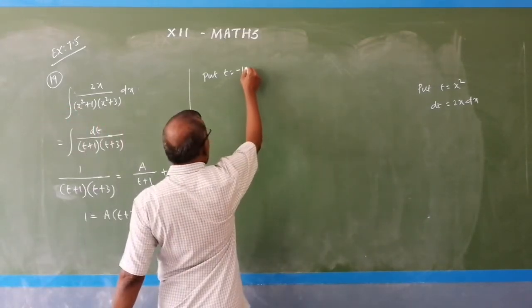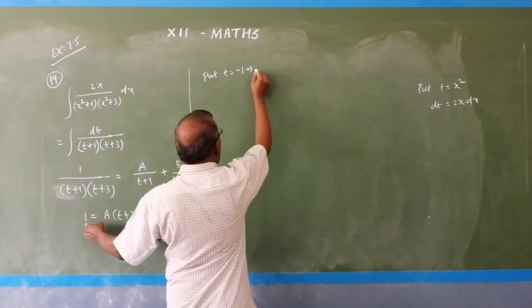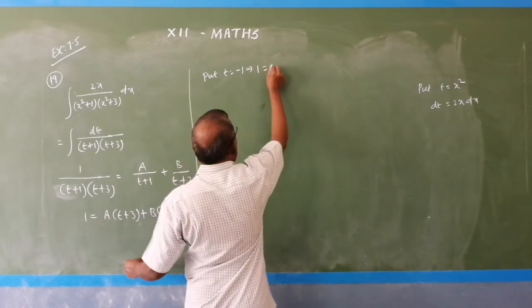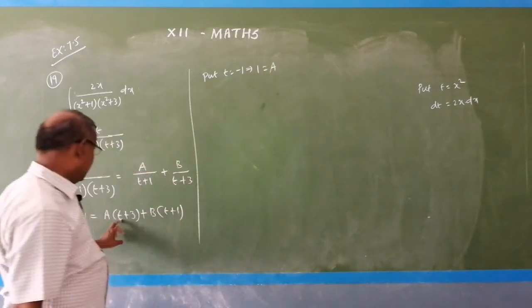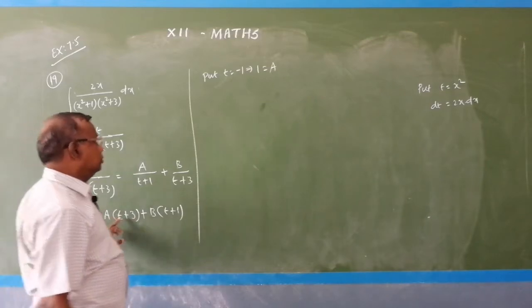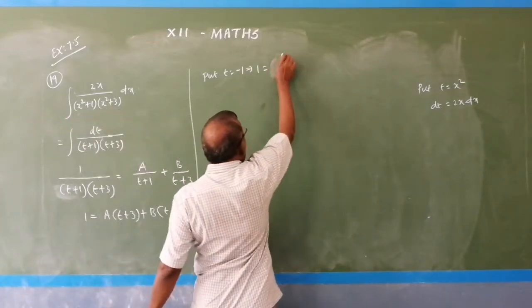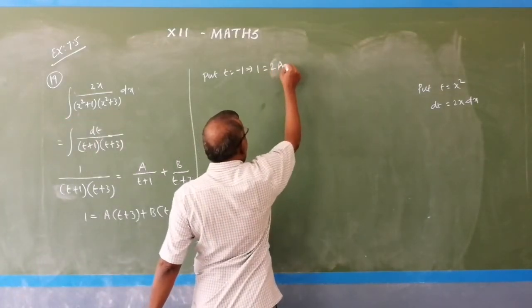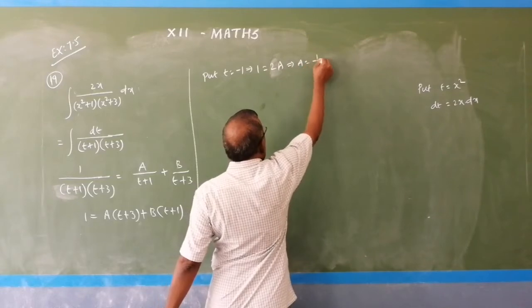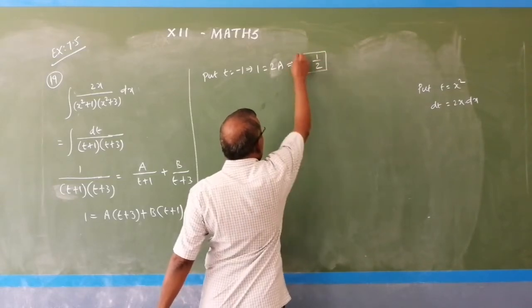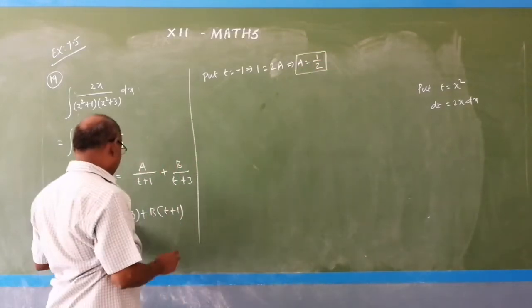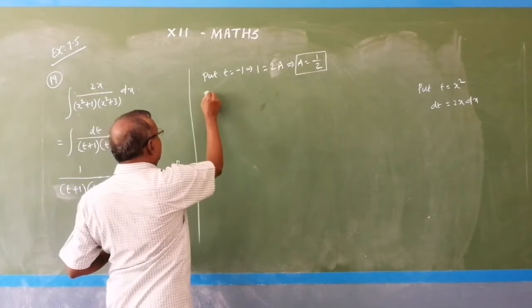Then LHS 1 equal to a into (minus 1 plus 3), that is 2a. So a equal to 1 by 2.